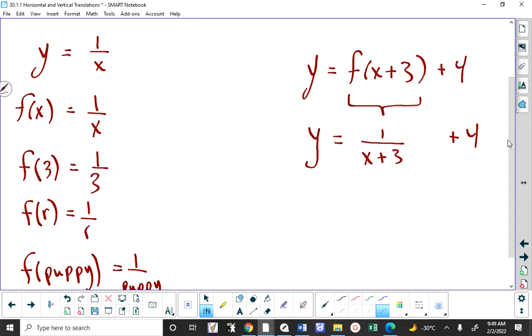So wherever there was an x in the original function, we put x minus h, because it's f of x minus h. Any questions? This is our answer, by the way. This is an answer, but it's not specific enough to this question because we happen to know what f is. F is 1 over.